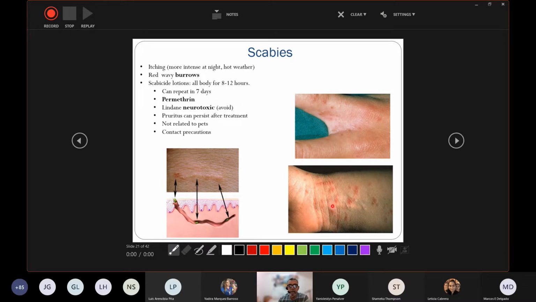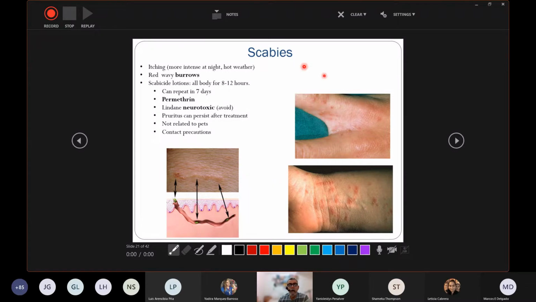One is where the parasite entered in the past, and the other papule is where the parasite is. So you are always going to see something like this, shorter burrows, but you see two parallel papules.